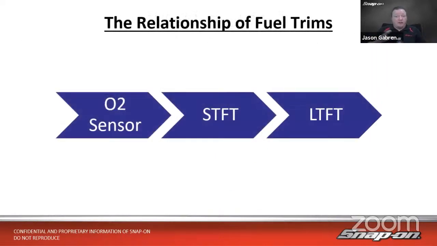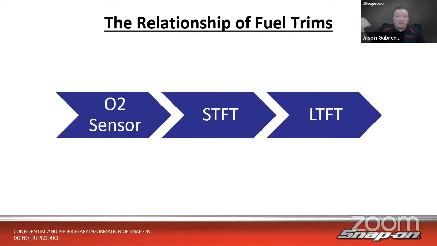So we want to remember our relationship. The oxygen sensor is going to read the oxygen content in the exhaust, feeds the short-term fuel trim, tells the short-term fuel trim, give me positive or negative fuel trim. Over time, if the short-term fuel trim, say, is in a positive number for a long period of time, 5%, 6%, 7%, then the long-term fuel trim learns from that and goes up as well.